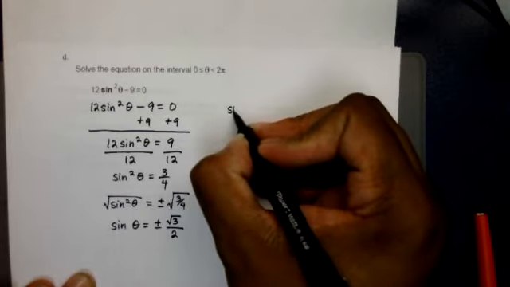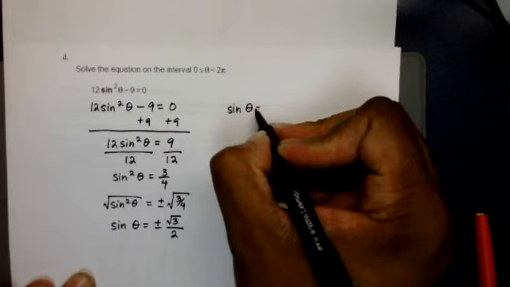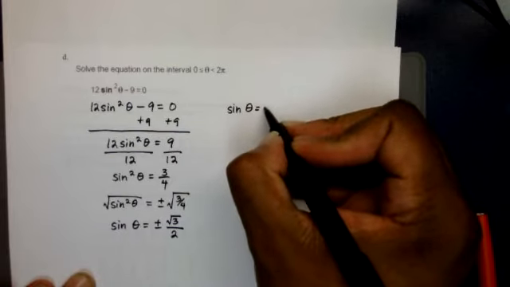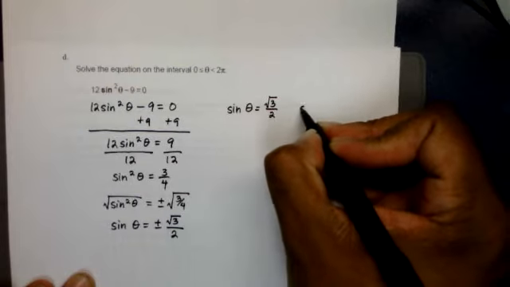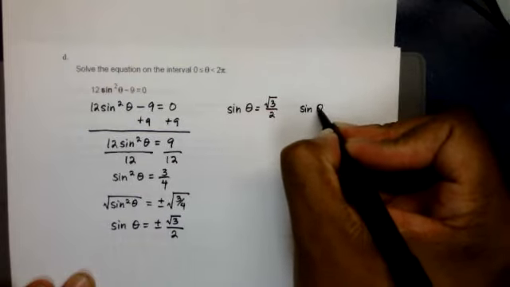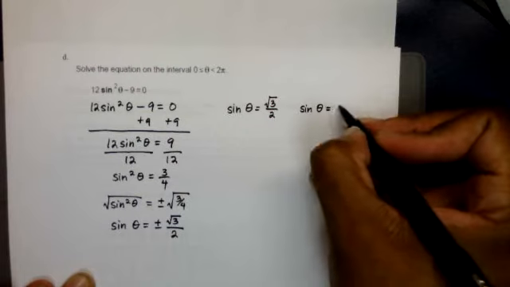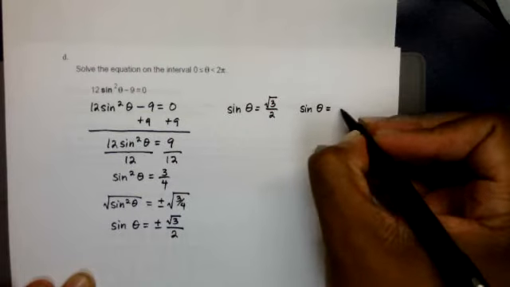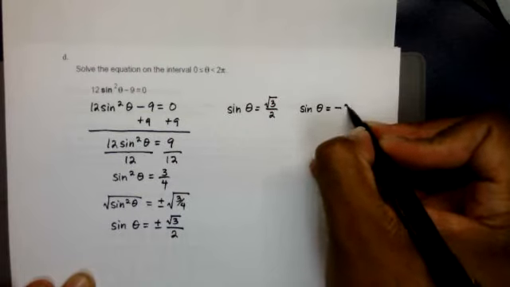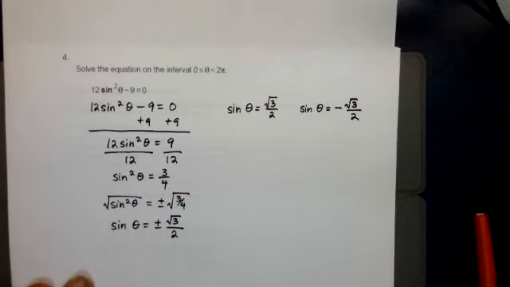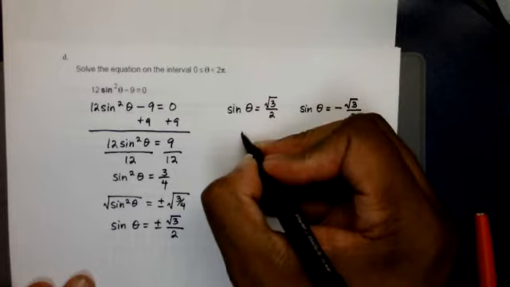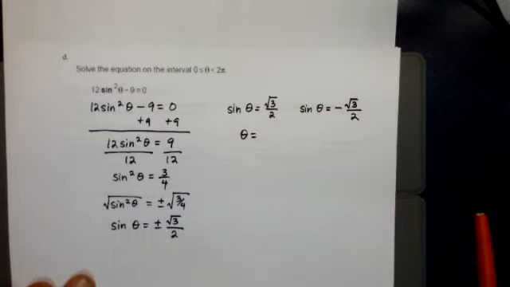So I need all values of theta where the sine of theta would be positive square root of 3 over 2. I also need all values of theta between 0 and 2 pi where the sine of theta will be equal to negative square root of 3 over 2. Okay, let's start with the sine of theta equaling the square root of 3 over 2.